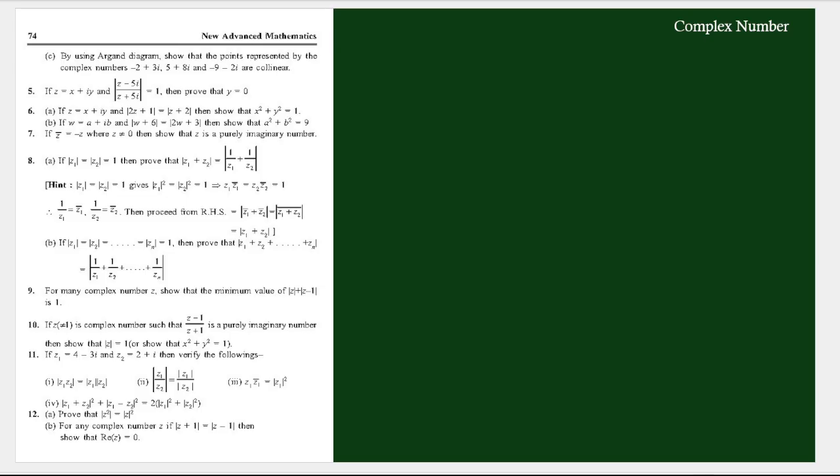This is your 8a, so this is your 9. Z minus 1, if we take the sum z plus z, it will become 2z and we will get only minus 1.